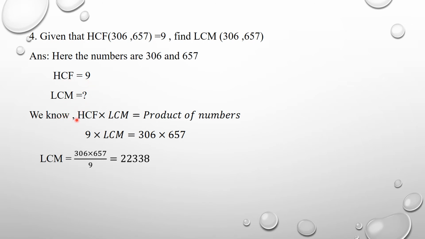We know the relation HCF into LCM equal to product of the numbers. Substituting, we have 9 into LCM equal to 306 into 657. From this LCM will be 306 into 657 divided by 9, which is equal to 22,338.